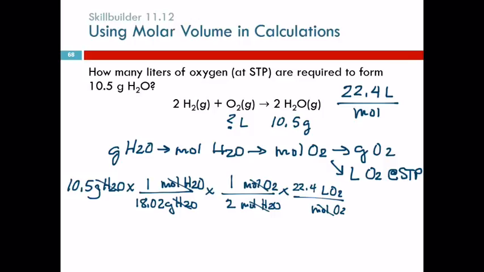We got 10.5 divided by 18.02 divided by 2 times 22.4. And my answer should have 3 significant figures, so 6.53 liters of oxygen. Any questions?